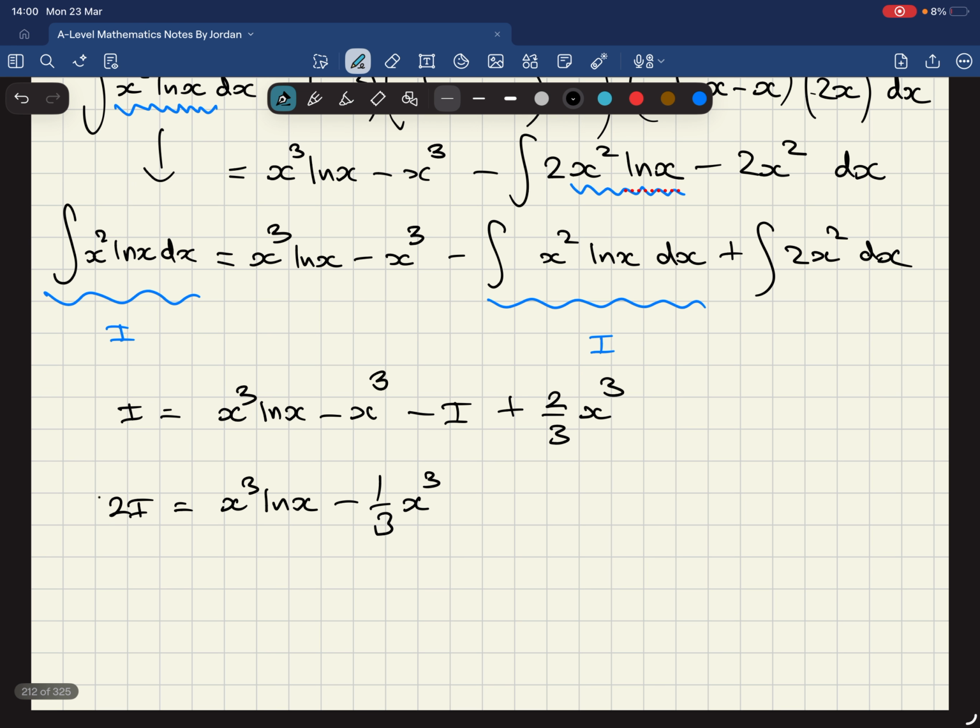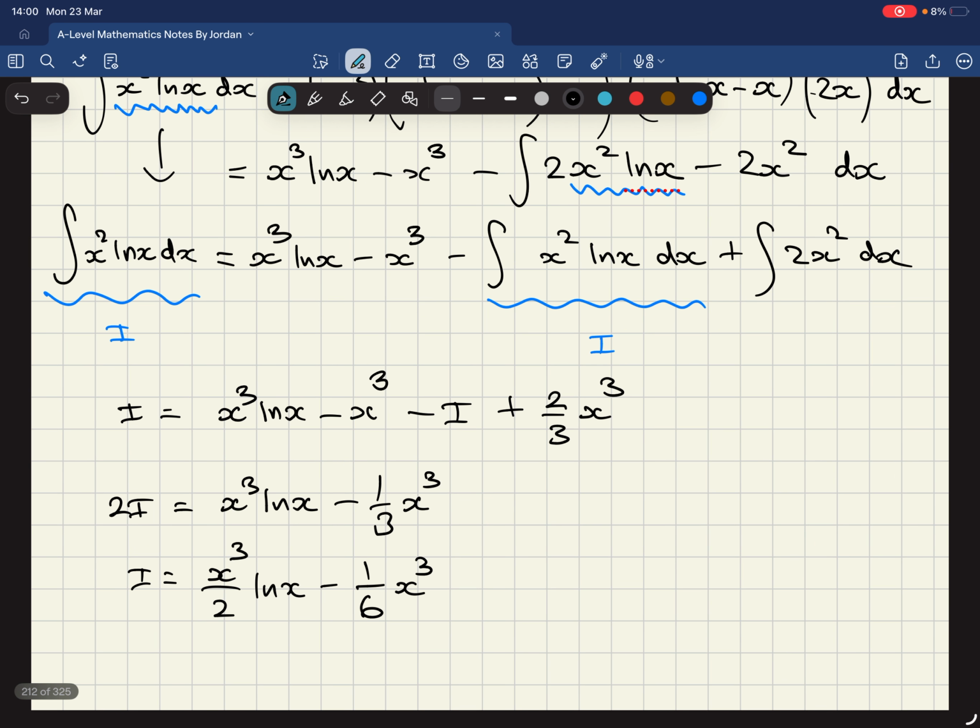Then I can divide by this 2 here, which would just give me I to be, x cubed over 2 ln x, divide by 2 again, remember, so we've got minus 1/6 x cubed.